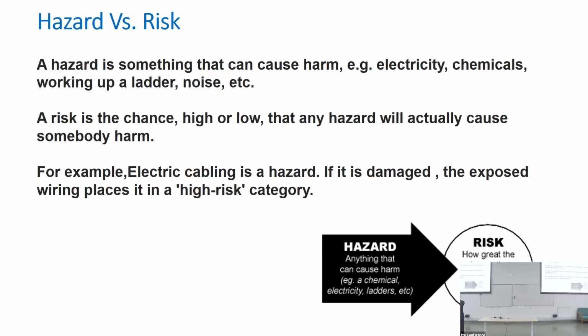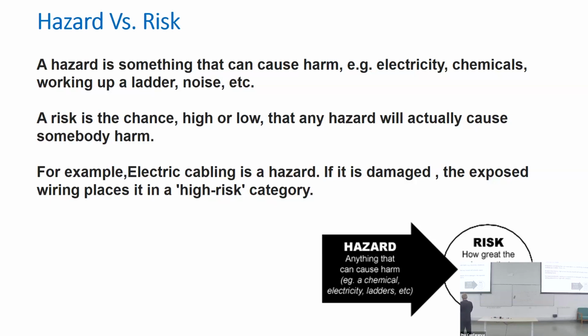So hazard is something that can cause harm: electricity, chemicals, working up a ladder, noise, etc. Risk is the chance, high or low, that any hazard will actually cause somebody harm. For example, electric cabling is a hazard. If it is damaged, with exposed wiring, it is in a high risk category. If anybody touches the 240 volts or 500 volts, you will die.